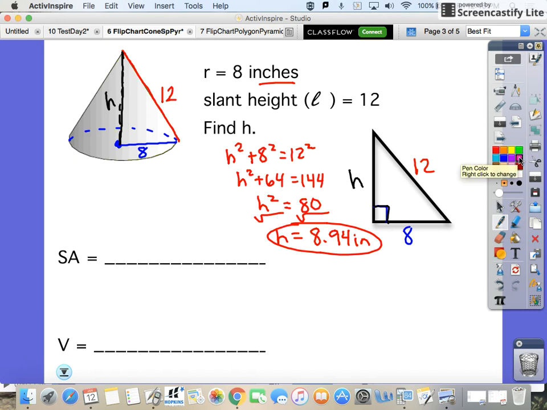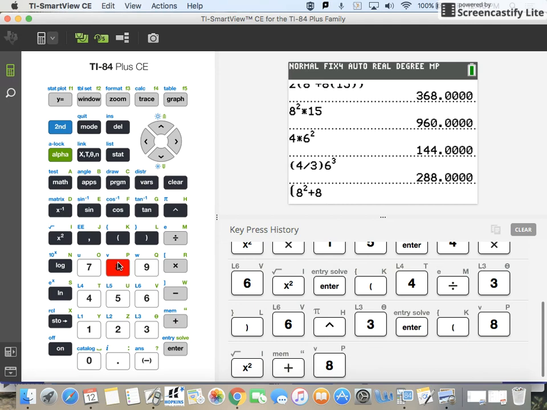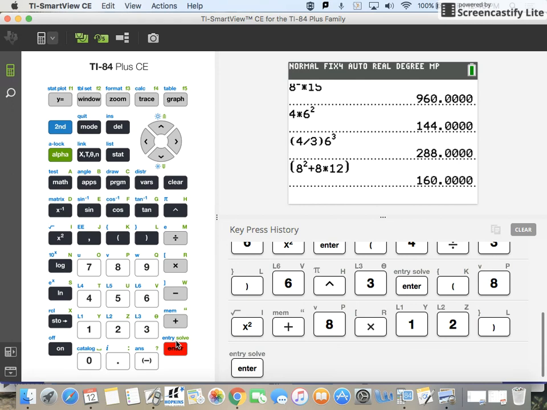Next, we need to find the surface area. And again, we changed the formula for the surface area of a cone to be r squared plus r times the slant height, all times pi. So for us, that's going to look like 8 squared plus 8 times 12, all times pi. So we got 160 pi.